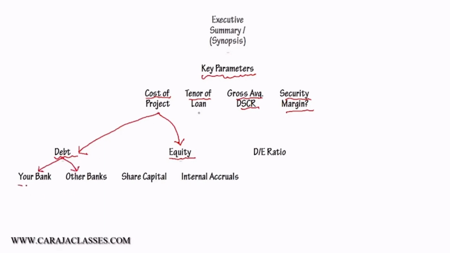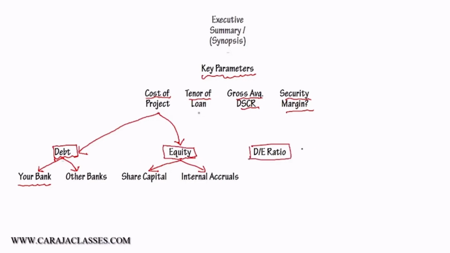So this is the loan they are asking for, and how the owner's contribution is coming in, that is how much is coming in the form of share capital, and how much is coming from internal accruals. Then when you have these two pieces of information, automatically you can derive debt equity. So debt equity ratio should also be provided.